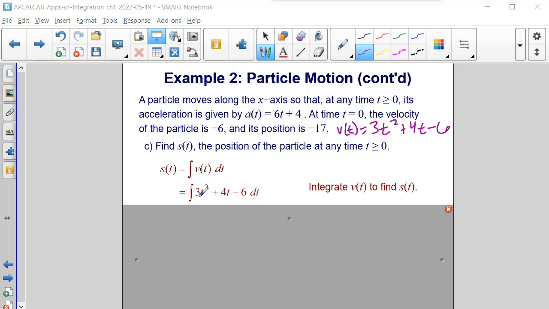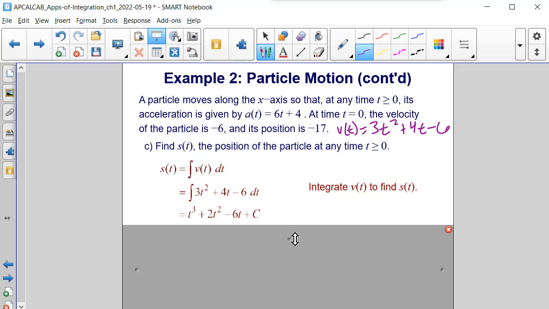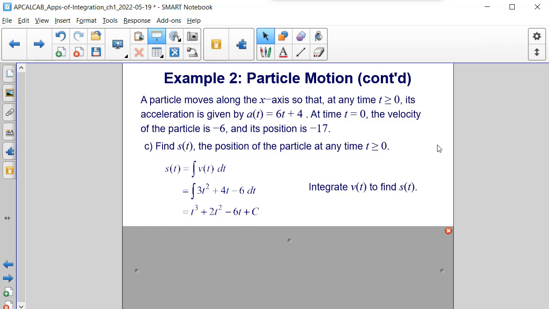And if we use the power rule for integration, our first term will become t to the third plus 2t squared minus 6t plus c. And then similar to one of the last questions, we can actually solve for this constant value c because it tells us that when our time is 0, the position is negative 17.